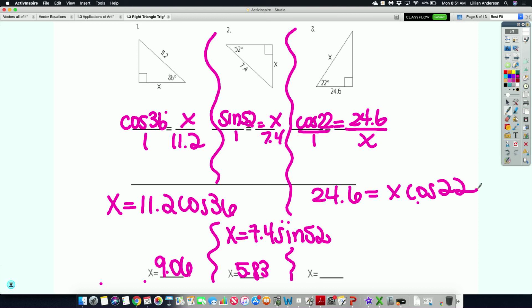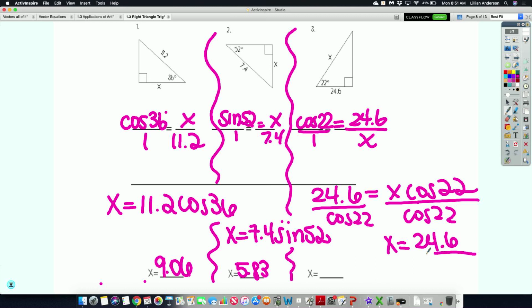How do I solve for x? Divide by cosine 22. You cannot take 22 without the cosine, they go together. So what x actually equals is 24.6 divided by the cosine of 22.